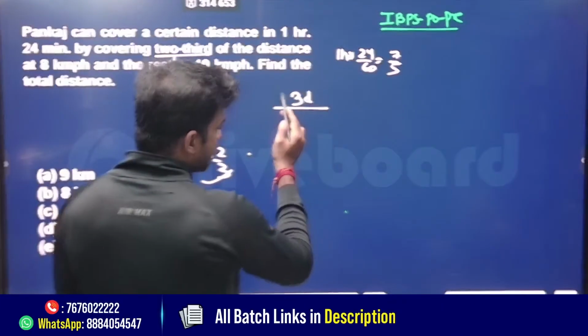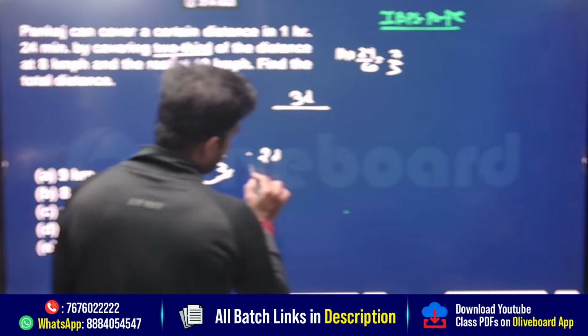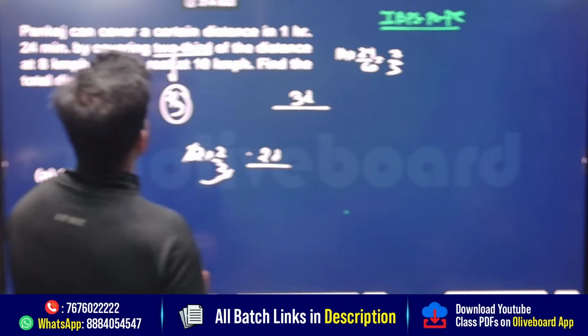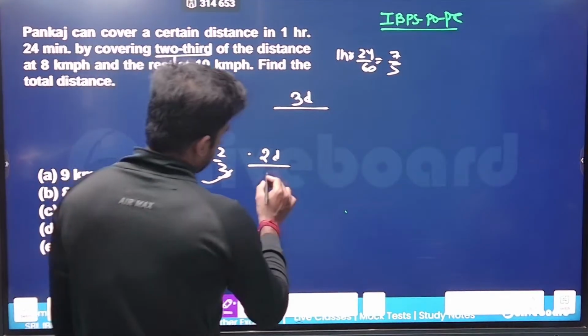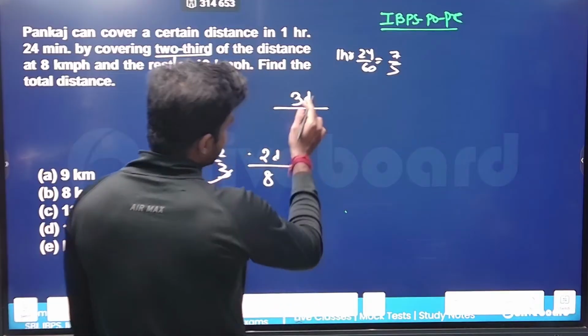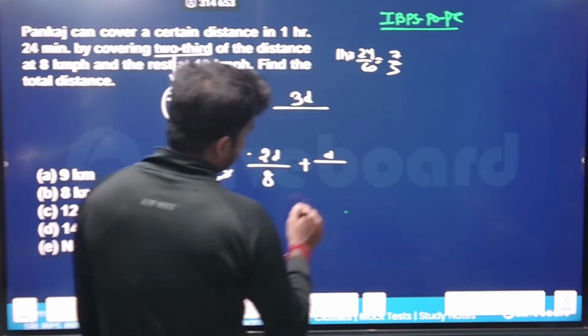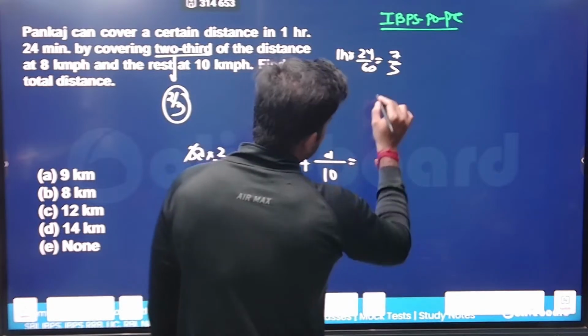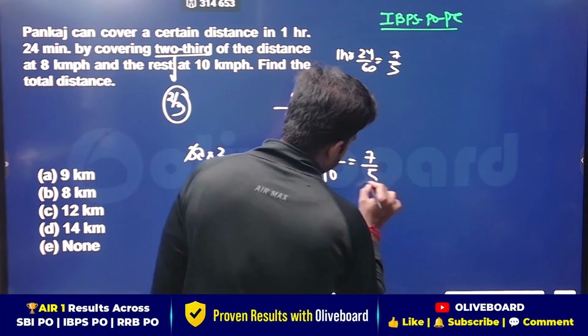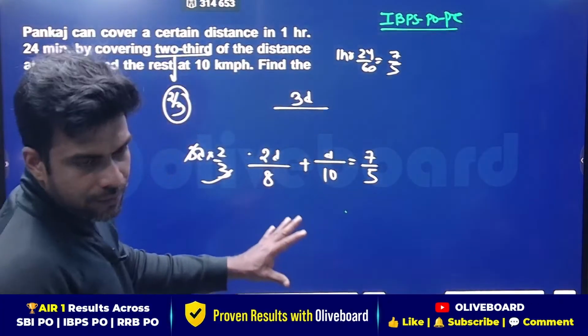And total distance is 3d. So first is 2d, he is covering with the speed of 8 kilometers. And the other would be d, and he is covering with the speed of 10 kilometers. And the total time he is taking is 7 by 5. Simple equation has been made.